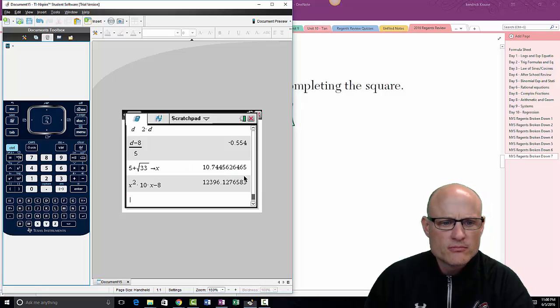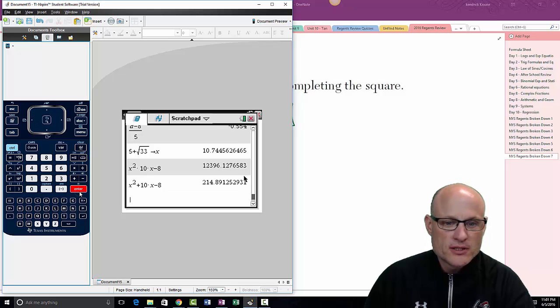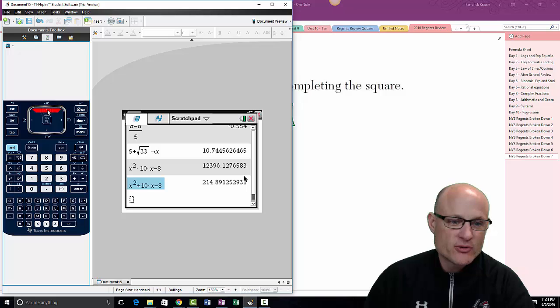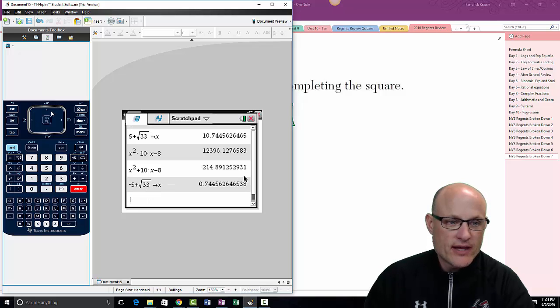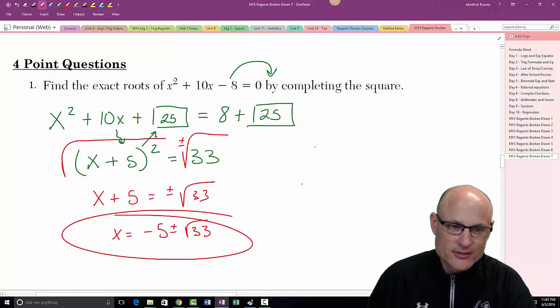Oops, I meant plus. That was bad. Oh, it's negative 5. See where I wrote down the wrong answer. It's negative 5 plus radical 33. And then I come up here, and hopefully this works this time. So you check your answers. There it is. Oh, that's just times 10 to the minus 13. That's a 0. All right.